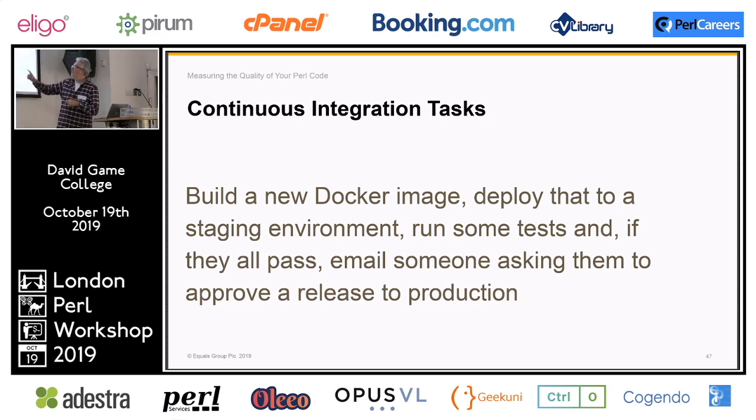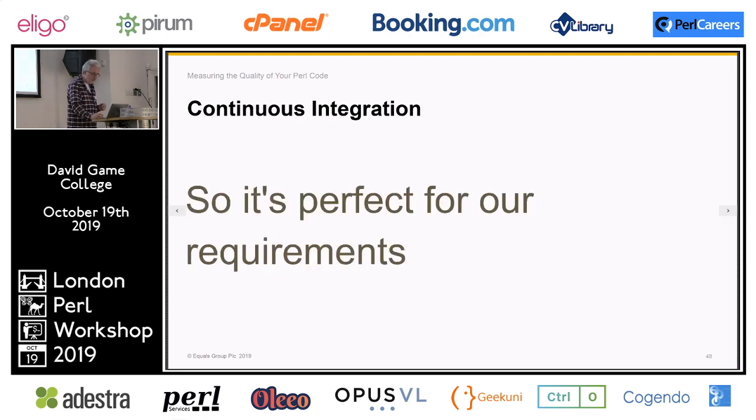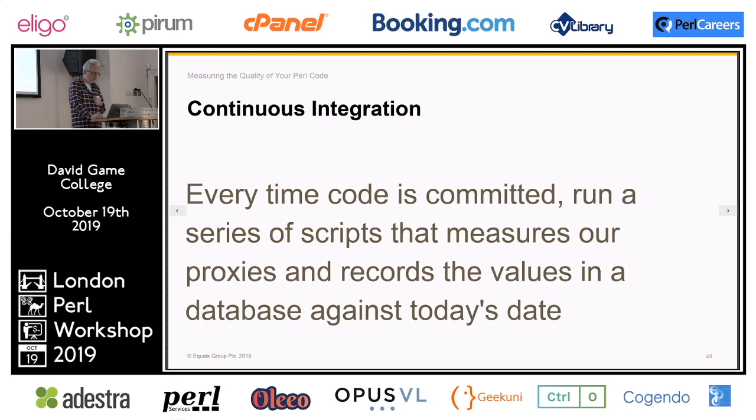They don't have this email someone asking them to approve a release into production step. Their production pipeline just moves stuff into production. But the testing that they do, the automatic testing that they do, is pretty good. But anyway, so all this means that continuous integration is pretty much perfect for our requirements.